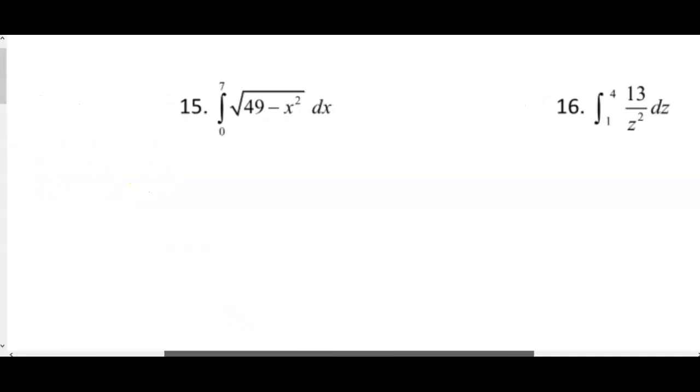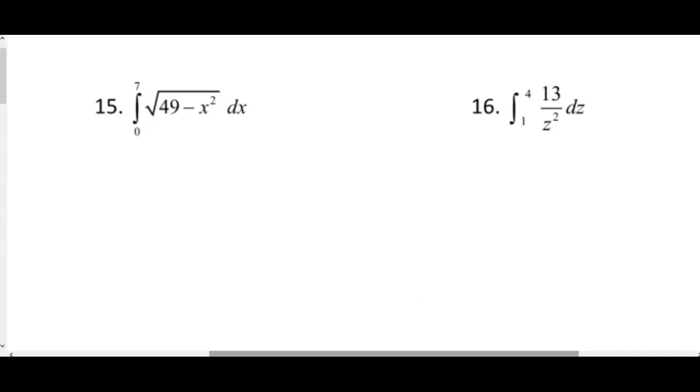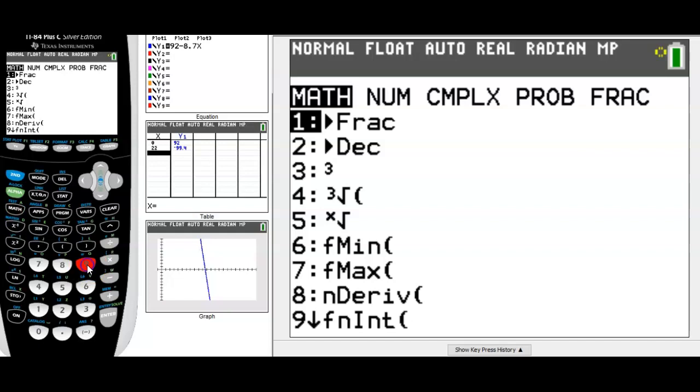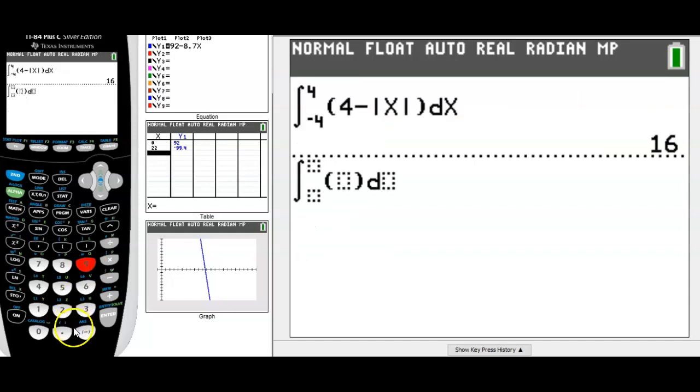Same thing right here. We're going from 0 to 7.